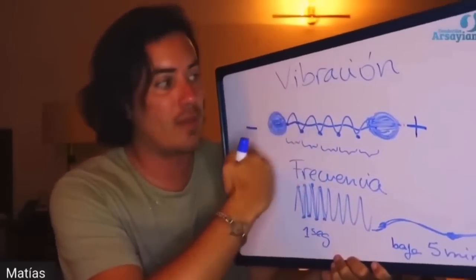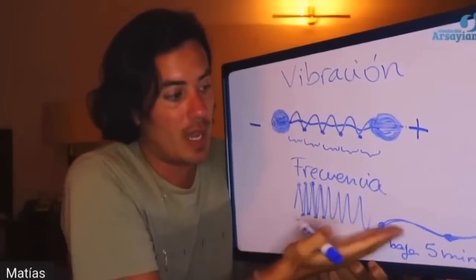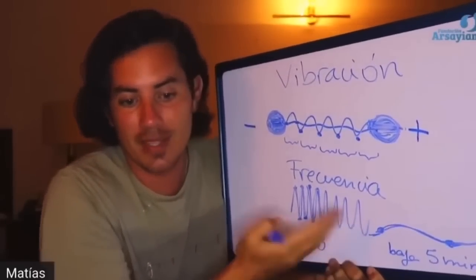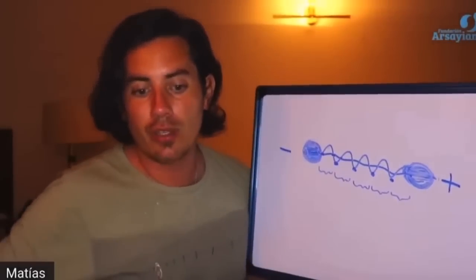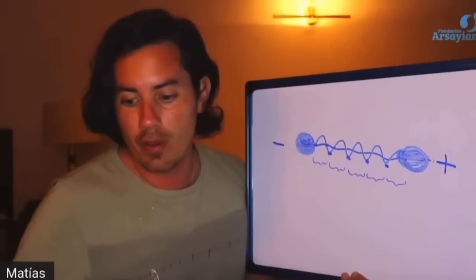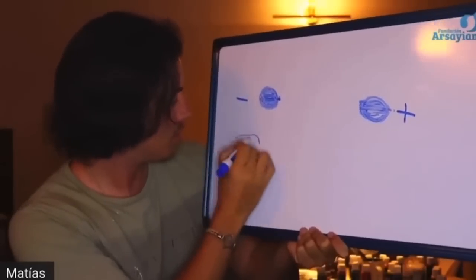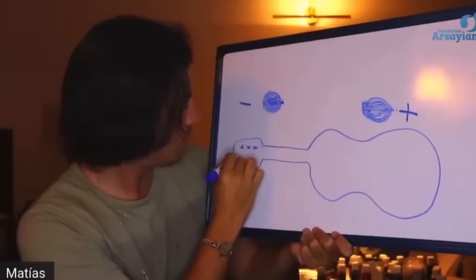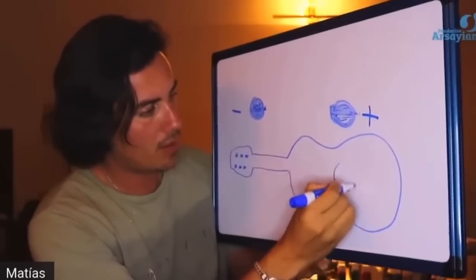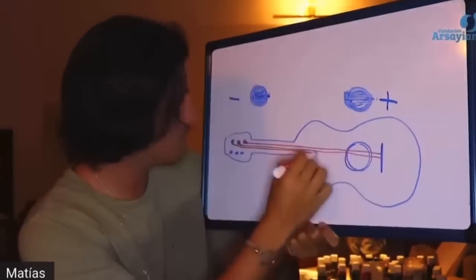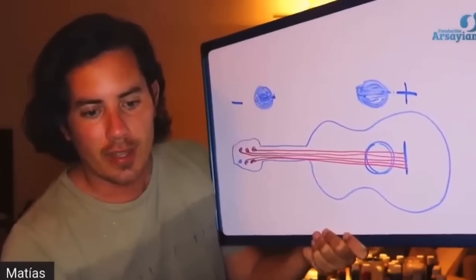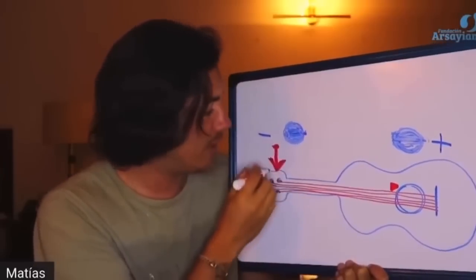So what is vibration? Vibration is the movement. It can be a high vibration, low vibration, it doesn't matter, it's movement. Taking this into account, let's go now to the strings of a guitar or of a piano. So imagine like this.